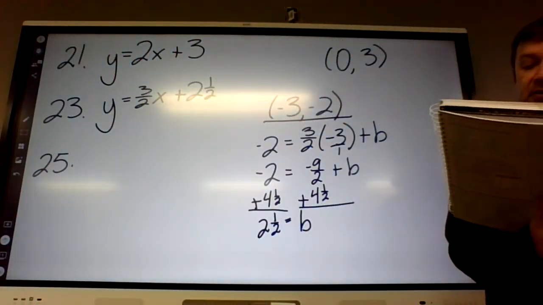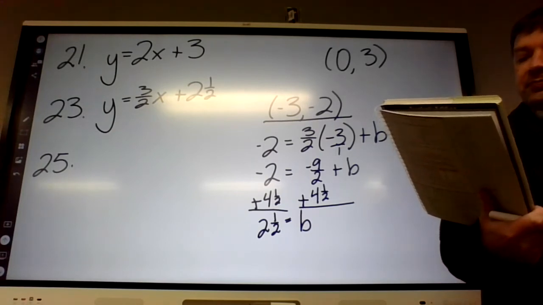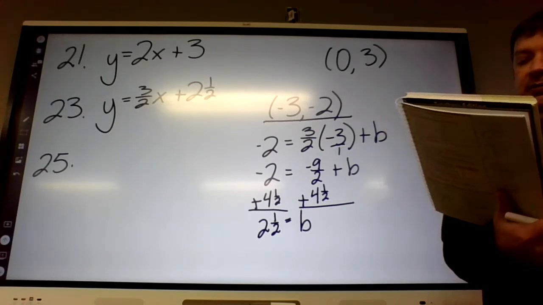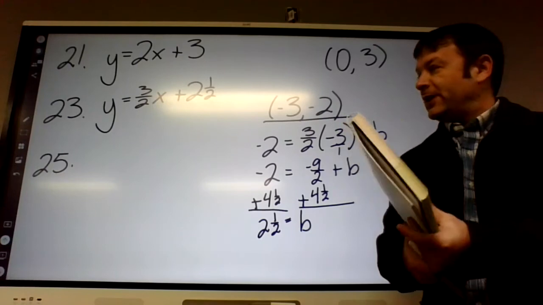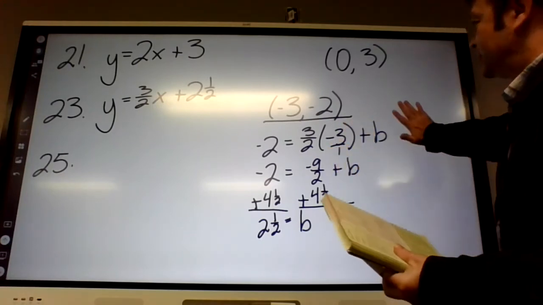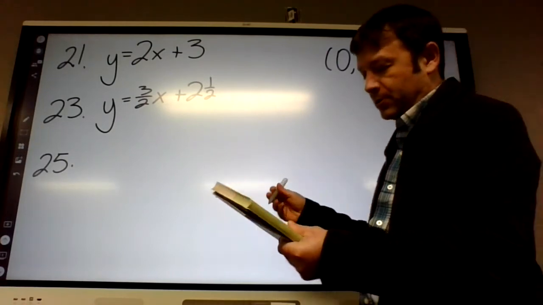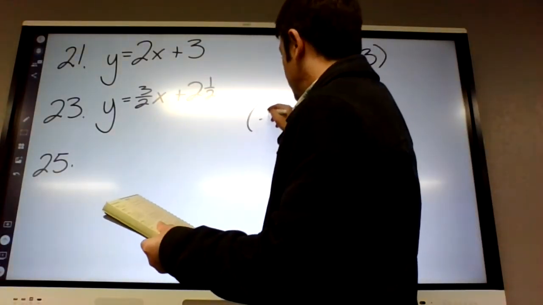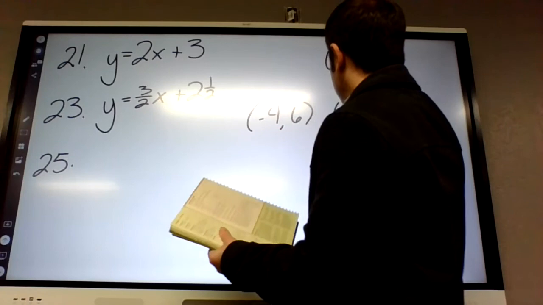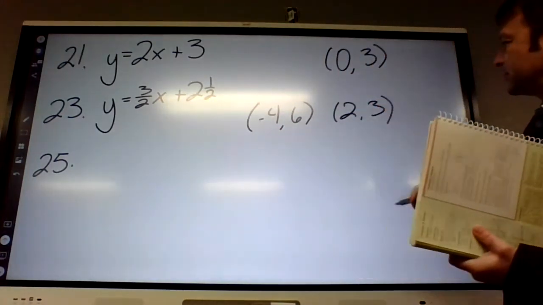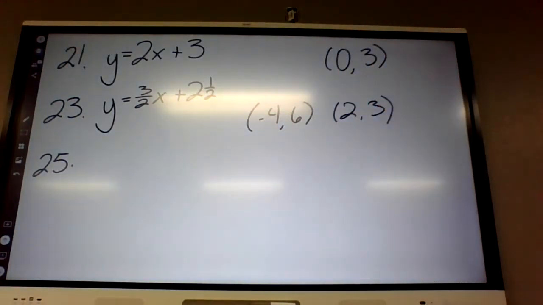Alright. 25, this will be our last one for today. So, on 25, it doesn't even tell us the slope. It just tells us 2 points that the line is supposed to go through. -4, 6, and 2, 3. So, how could I figure out the slope then? Y minus y over x minus x. Alright, slope formula.